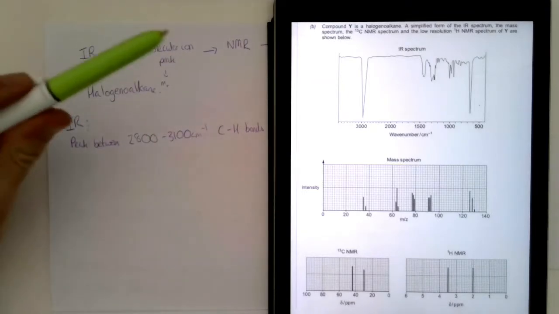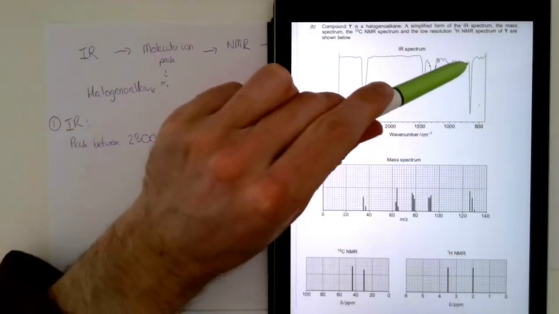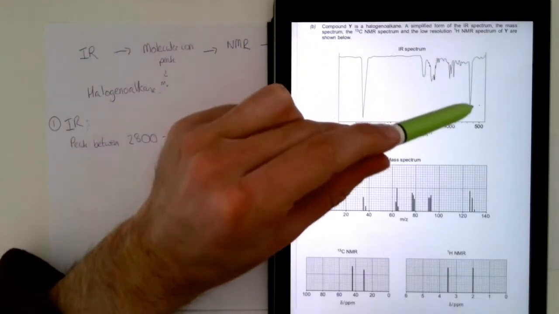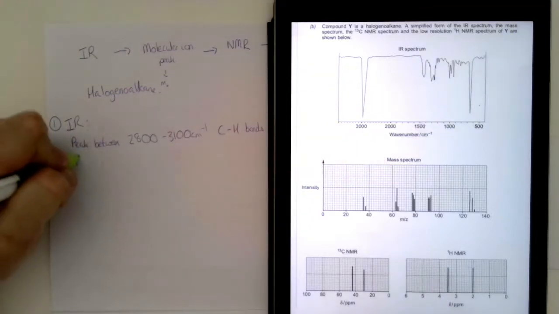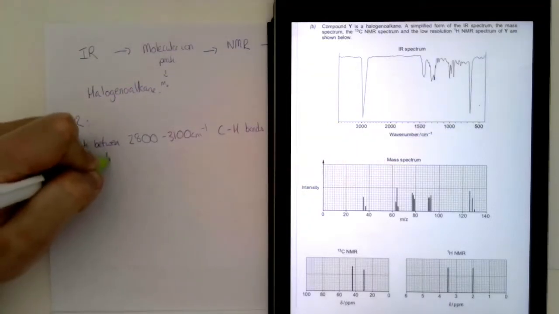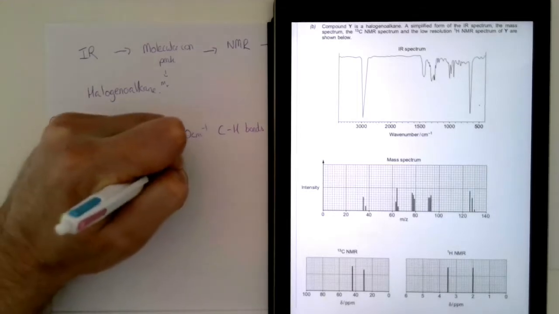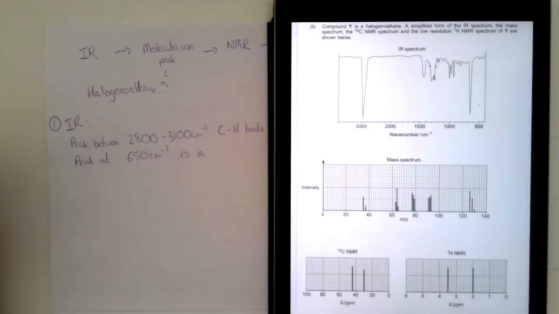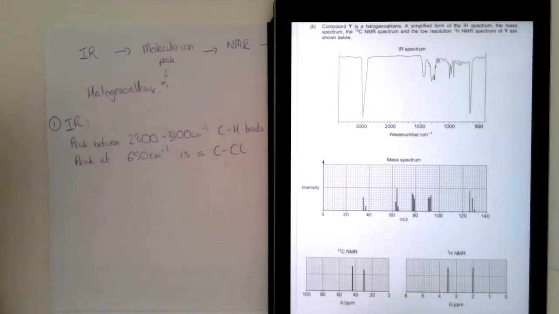And then I'm looking for the peak for the halogen. There's a peak here which is at 650. So a peak at 650 centimeters to the -1 is a carbon to chlorine bond, so that's caused by carbon to chlorine.